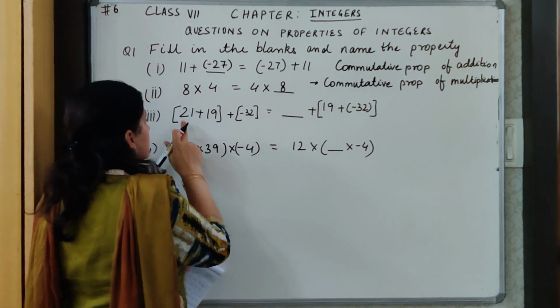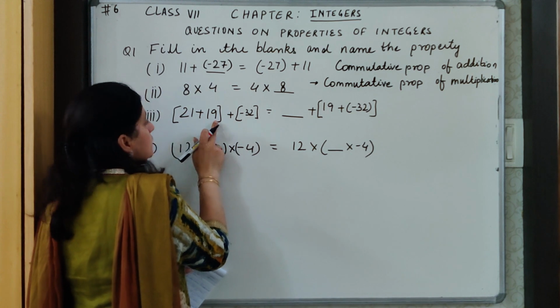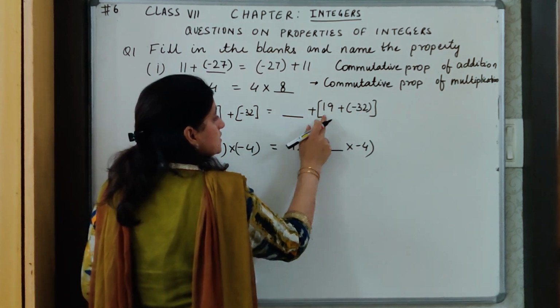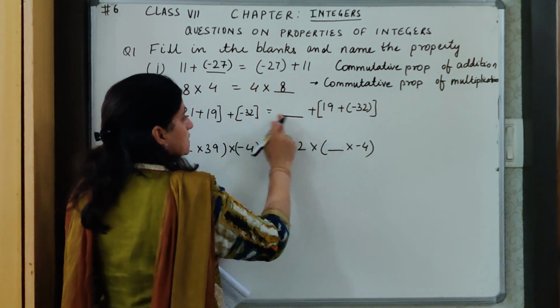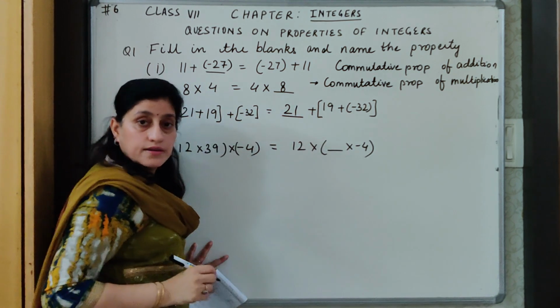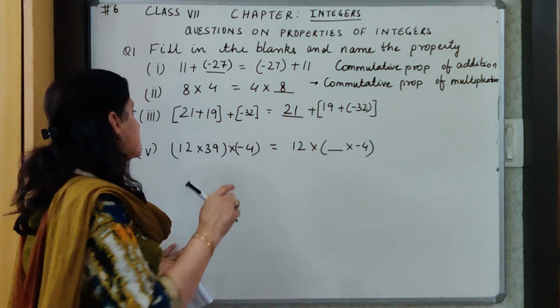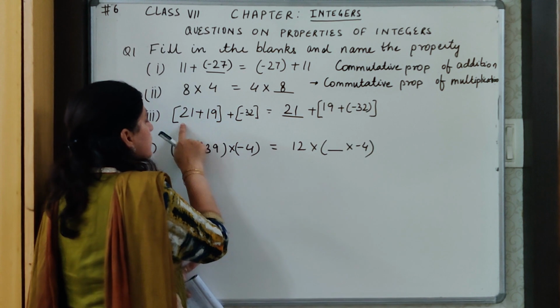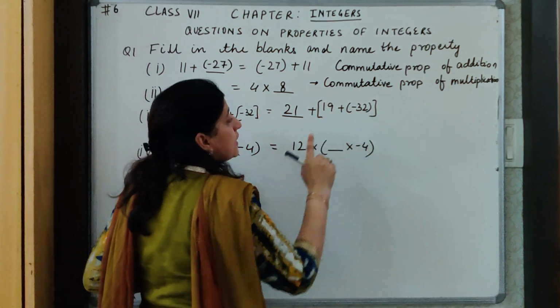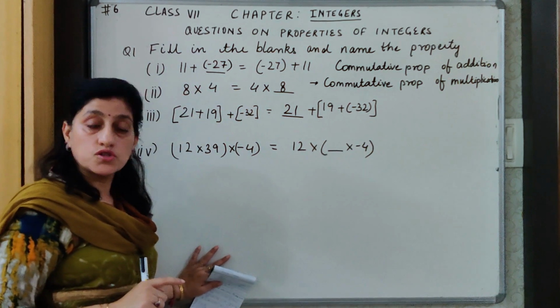Now next one. Here I have a plus b in one bracket plus c, and here I have a plus b plus c. So minus 32 and 19 are here. This is 21. And which property is this? We say here there is 21 and 19 associated together, and there it is 19 and minus 32 associated together.